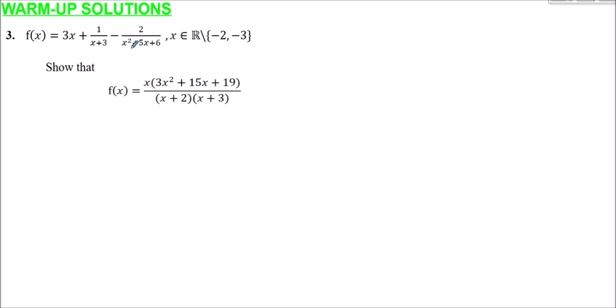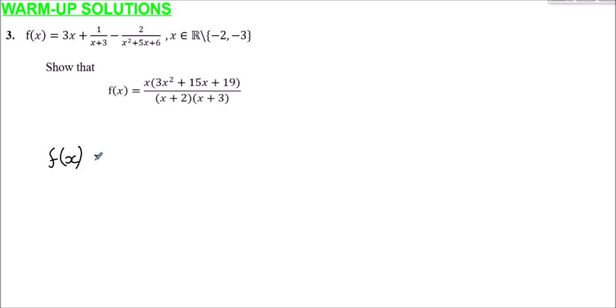the function will work. We need to show that this version of f of x simplifies into this version here, which is a single algebraic fraction. So let's just apply what we've learned from 1 and 2 and see if we can somehow get a single common factor here. So I'm just going to begin with what the question says, which is, of course, f of x.